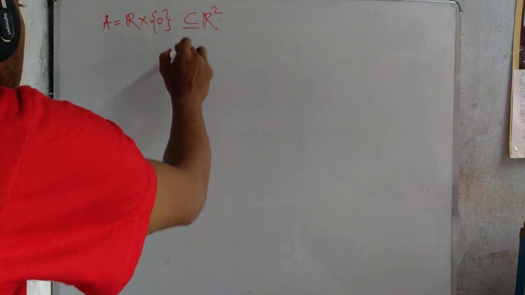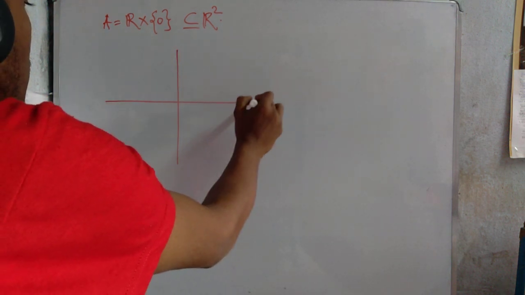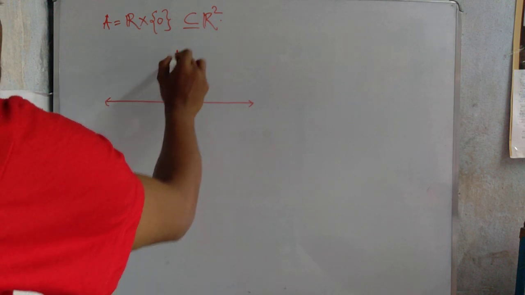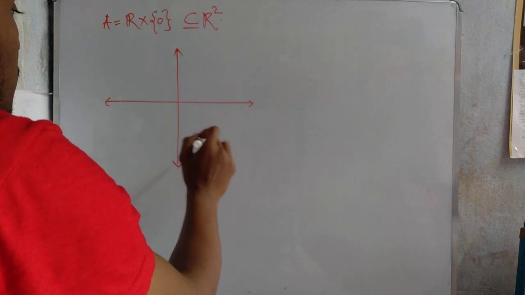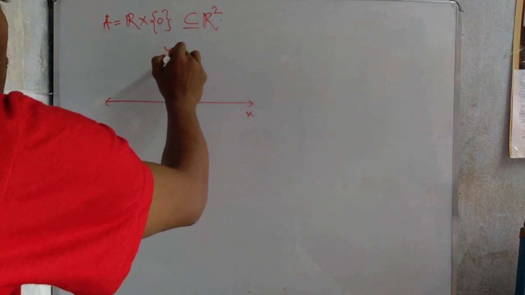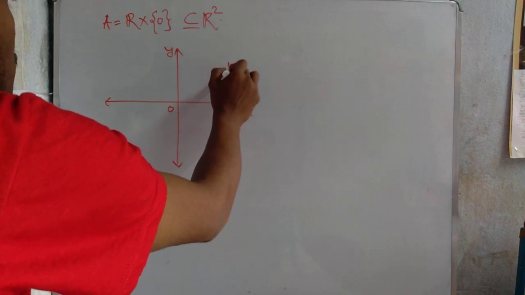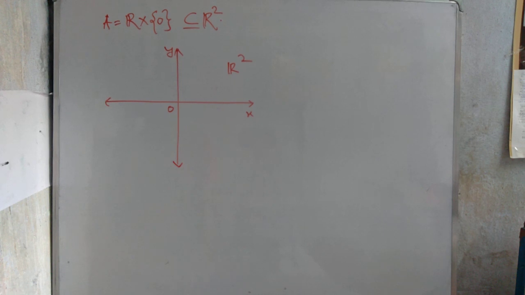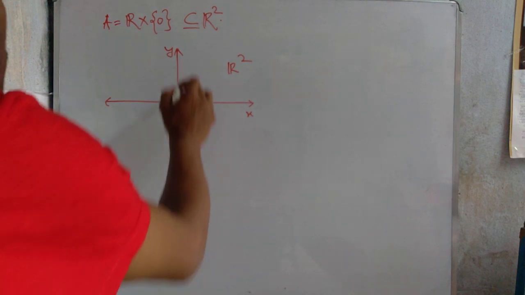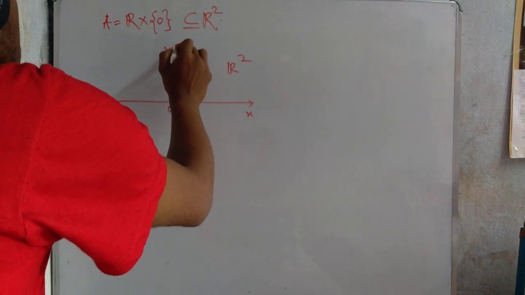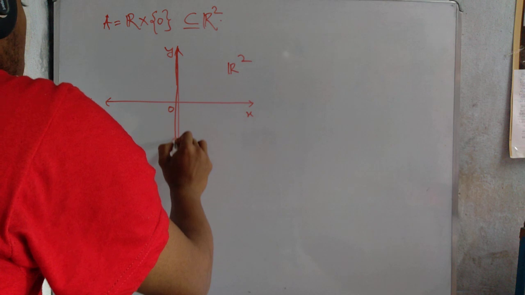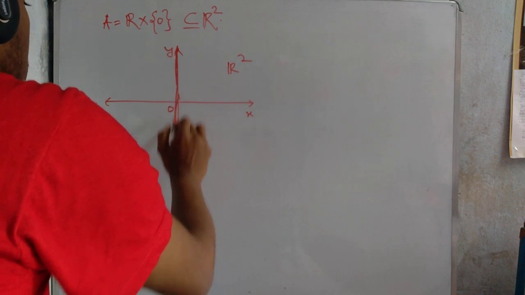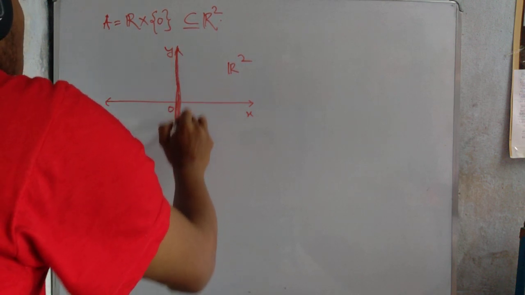If we draw this figure, this one is (x, y), and R cross 0 means the second coordinate is obviously 0, that means the y coordinate is 0, lying on this line.